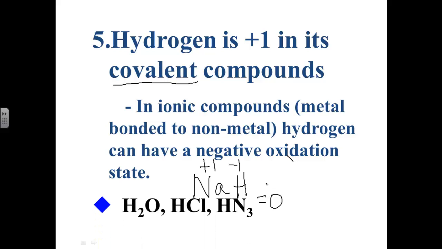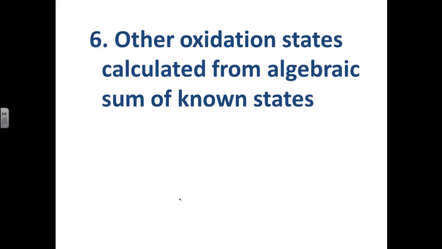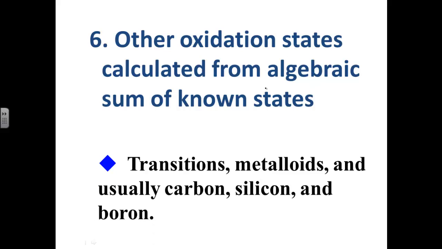Okay, and then anything else we don't have a rule for. So obviously all of these guys down here are covalent, so hydrogen would be +1 for all of these down here. All right, those are all the rules, so everything else is going to be known from the sums. Okay, everything else we're going to be able to work backwards. The only other thing, things like transitions, metalloids, typically carbon, silicon, boron will have multiple oxidation states.